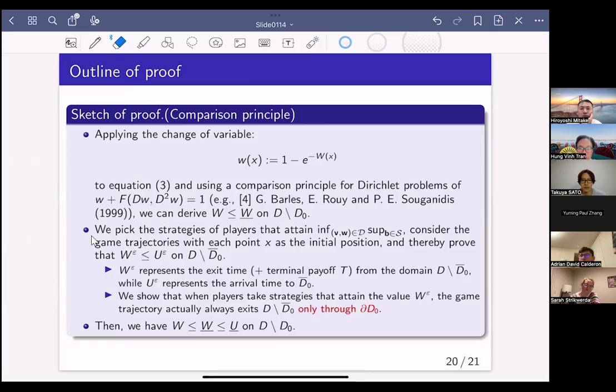And moreover, we consider the nice strategy of two players that attains this inf sup, and considering that the trajectory can only go through the D0 boundary, we can know the ordering between this approximation sequence, and taking the limit, we can get this inequality. This is an outline of the proof.